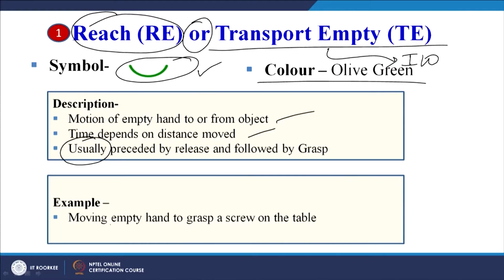So that is basically the micro motion symbol for transport empty. For example, moving an empty hand to grasp a screw on the table, or to grasp the pen which is lying on the table. This is one micro motion.